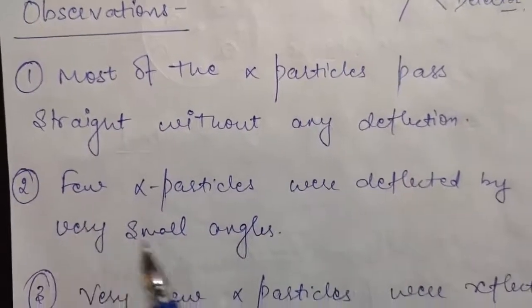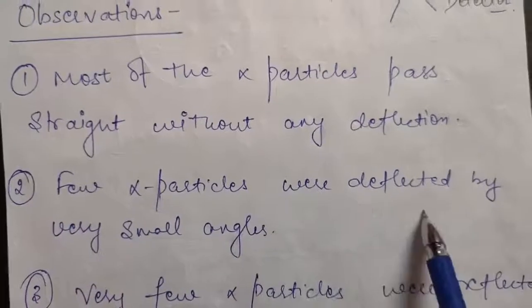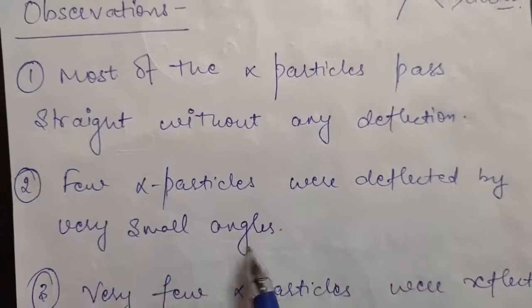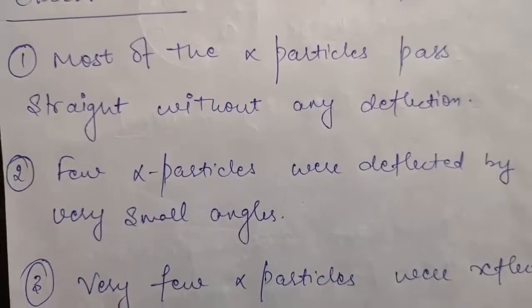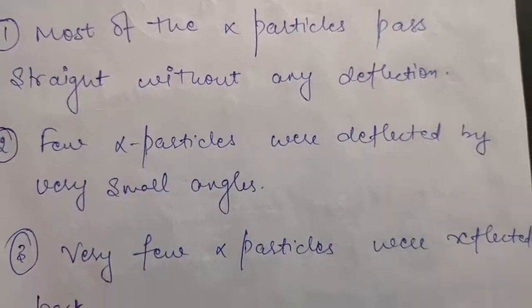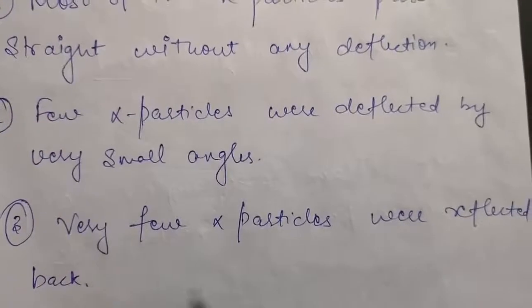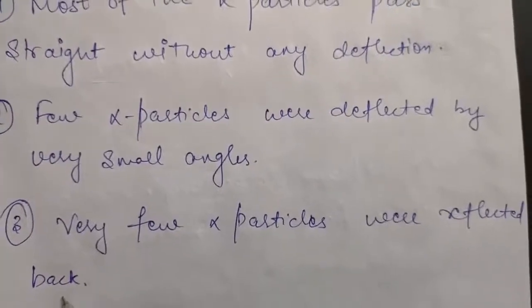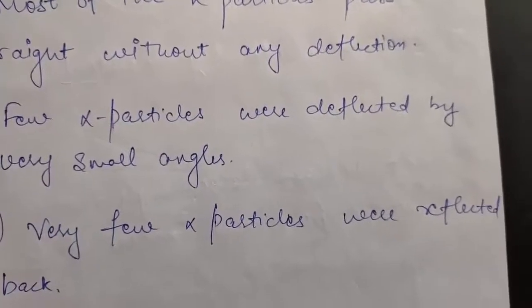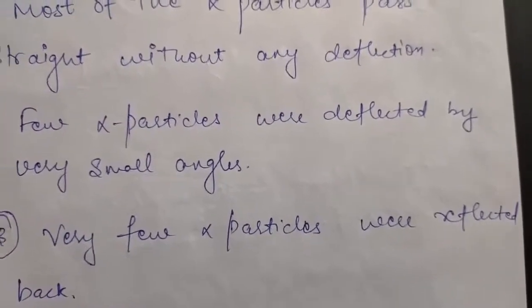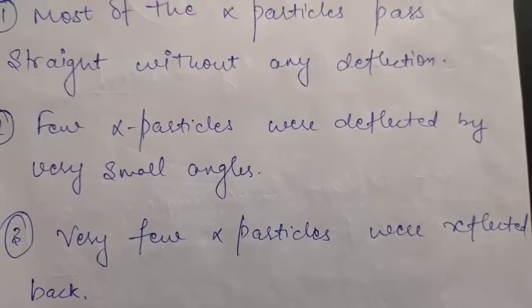The second observation was that few alpha particles were deflected by very small angles. The third observation was that very few alpha particles were reflected back, that is, they retraced their path. Based on all three observations, there were some conclusions.